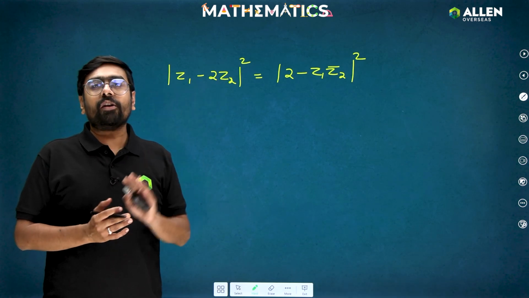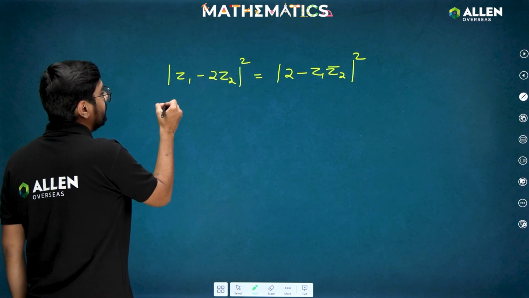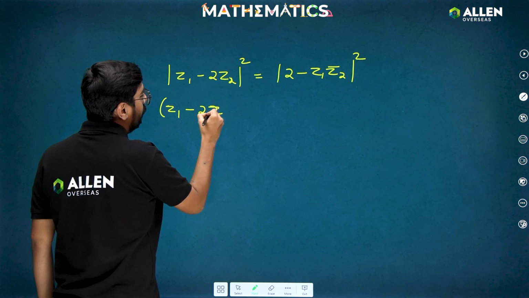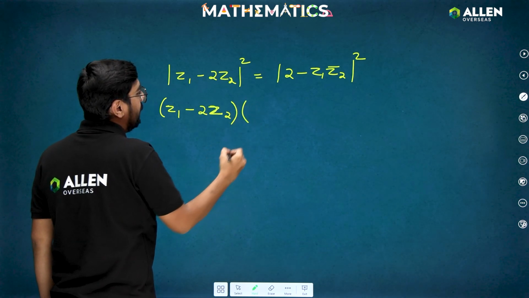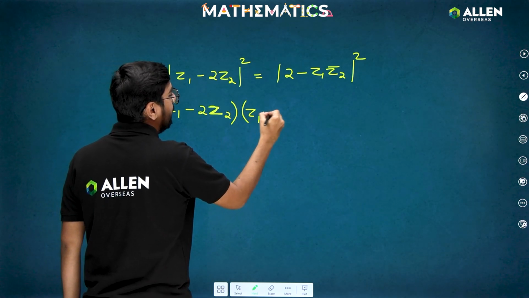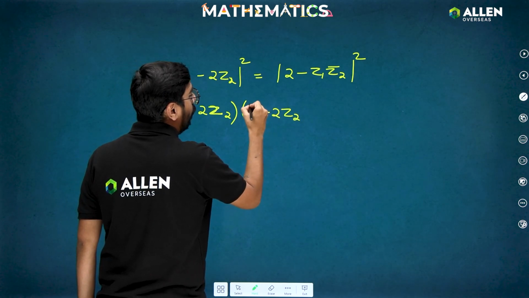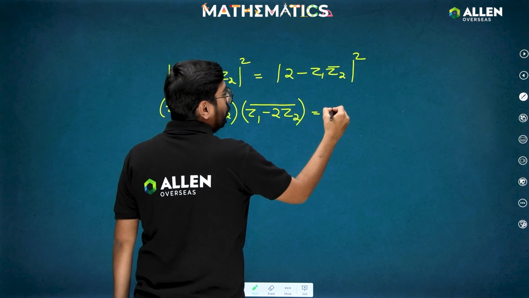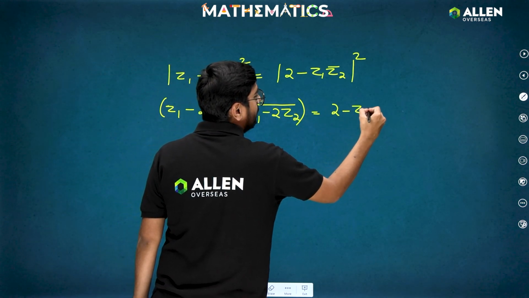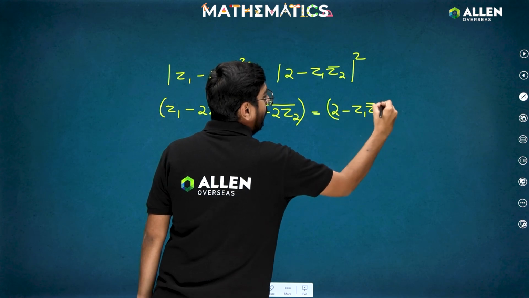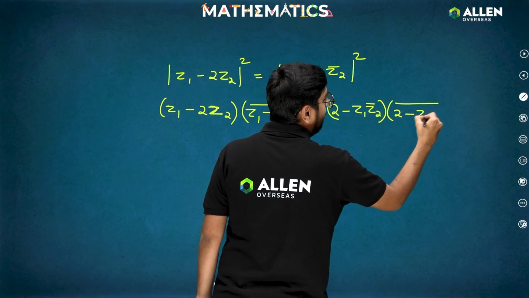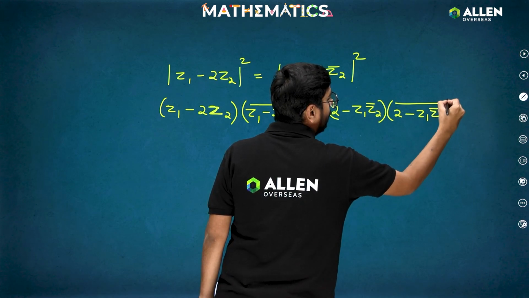So here I have square of mod. That means I can write z1 minus 2z2, the original complex number, multiplied with its conjugate, that means conjugate of (z1 minus 2z2), and this is going to be equal to (2 minus z1 z2 conjugate) multiplied with the conjugate of (2 minus z1 z2 conjugate).